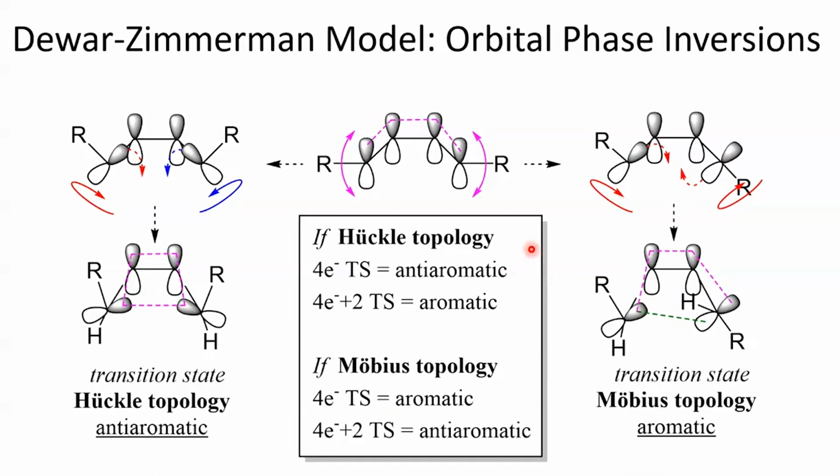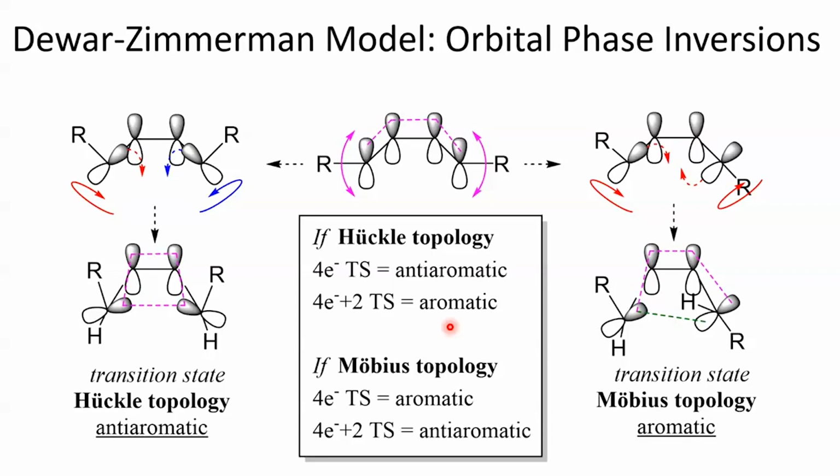Now, if FMO theory requires you to remember the HOMO and the LUMO arrangement of orbitals, this Dewar-Zimmerman model requires you to understand whether or not the products are going to be aromatic or anti-aromatic. And the rules for this change depending on whether your transition state has 4 electrons or 4 electrons plus 2, i.e. 6 electrons.